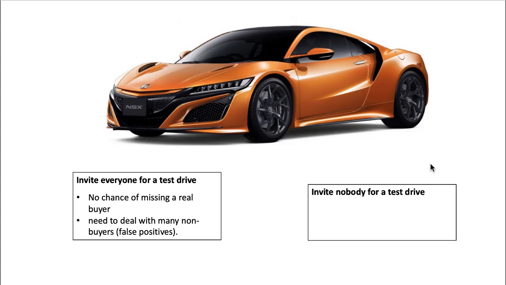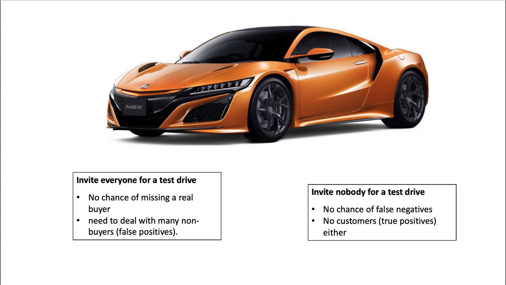On the other hand, you could, of course, avoid the mistake of classifying a non-buyer as a buyer and wasting money on them by not inviting anybody at all to do a test drive. In that case, you have no risk. You're not going to waste your time on somebody who's not a buyer. But of course, that comes at the cost that you're missing all the buyers too. If you don't invite anybody, how do you expect somebody to come and buy your product? You miss everything.